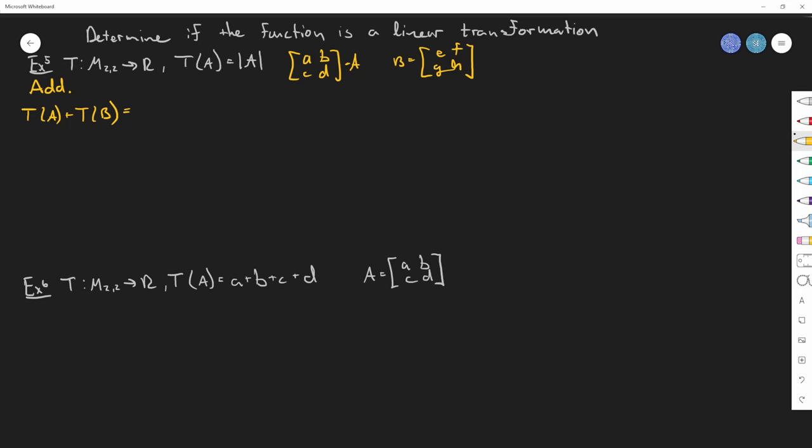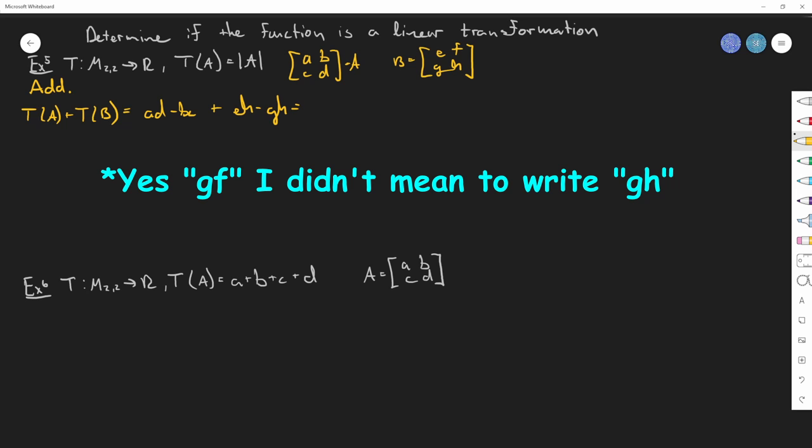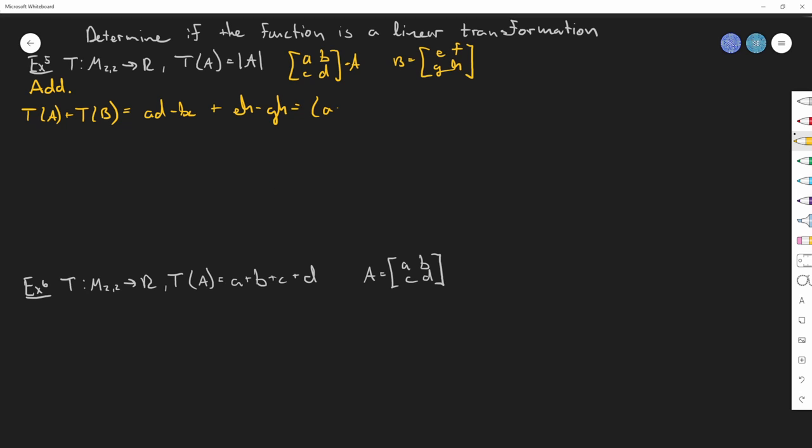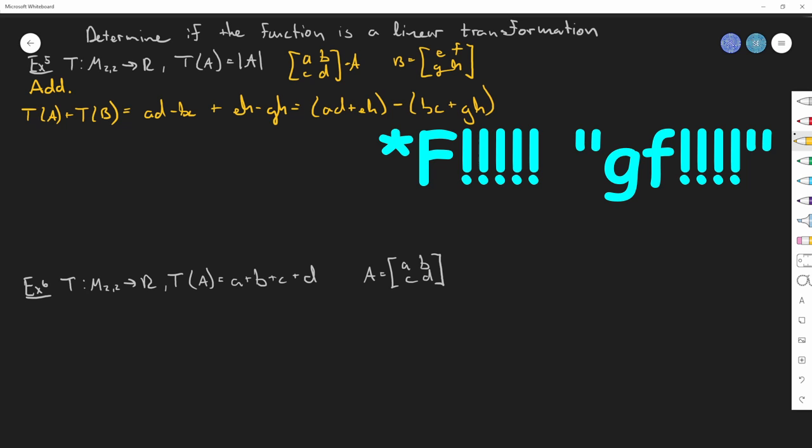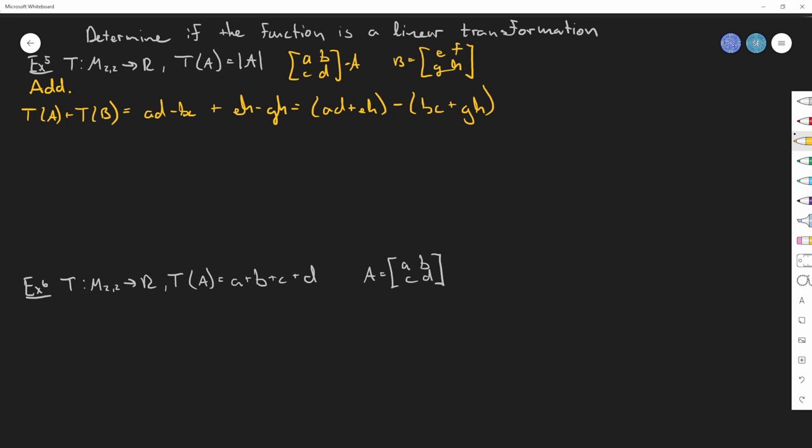So now we have to find the determinant. We know the determinant of a 2 by 2 is AD minus BC. So we have AD minus BC plus EH minus GF. Just rearrange those and we have AD plus EH minus BC plus GF.